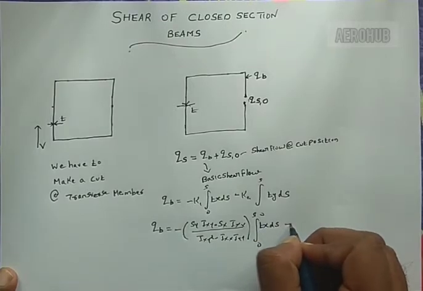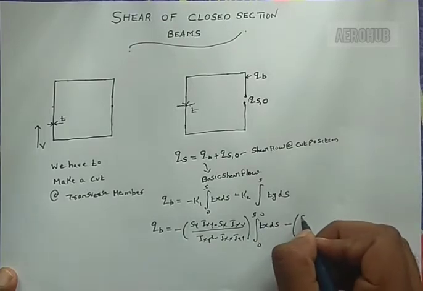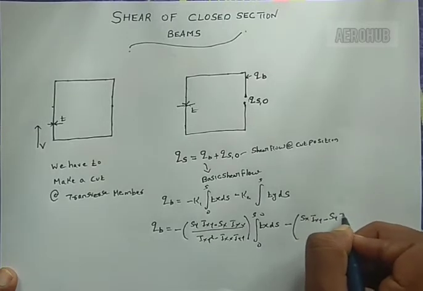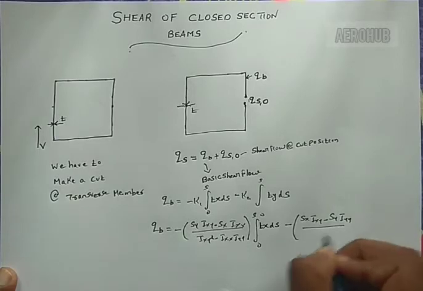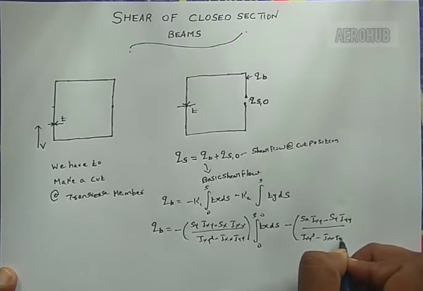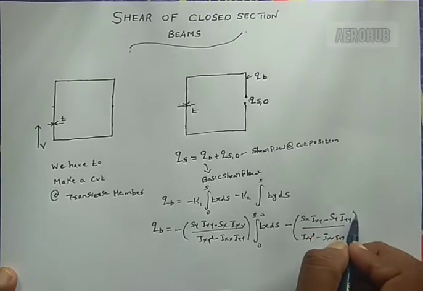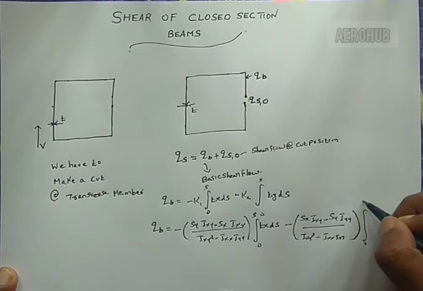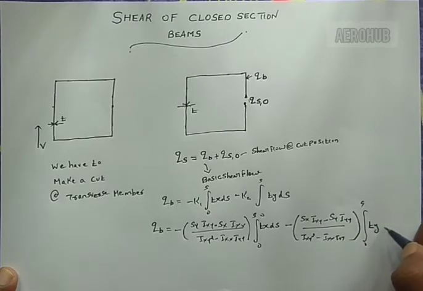Similarly K2 is minus of Sx Ixy minus Sy Iyy divided by Ixy square minus Ixx Iyy, integral 0 to s of t y ds.